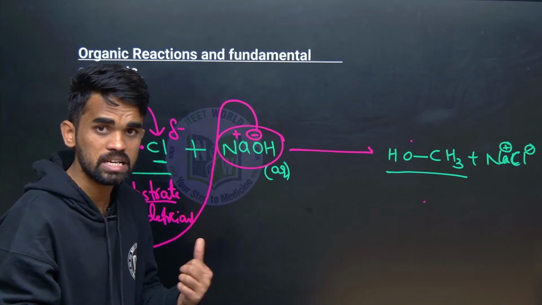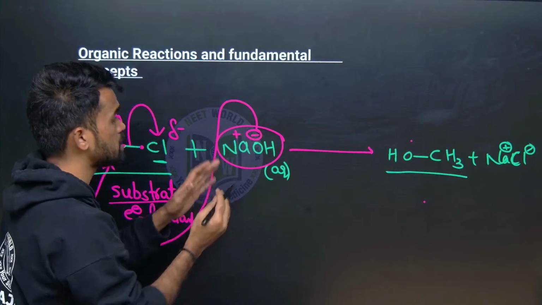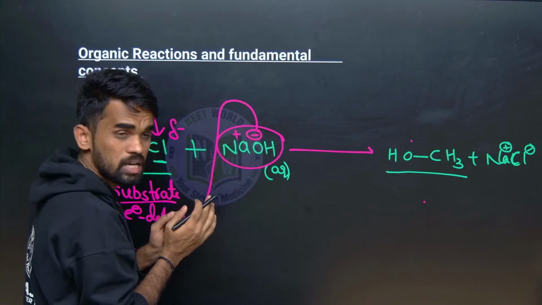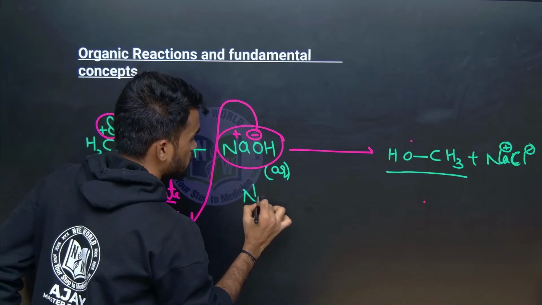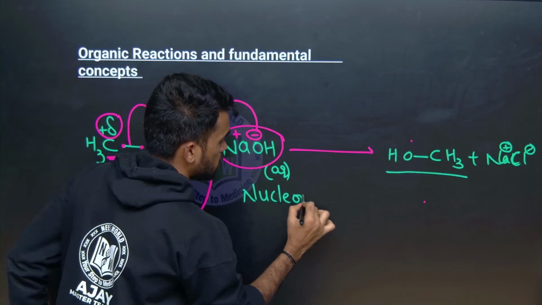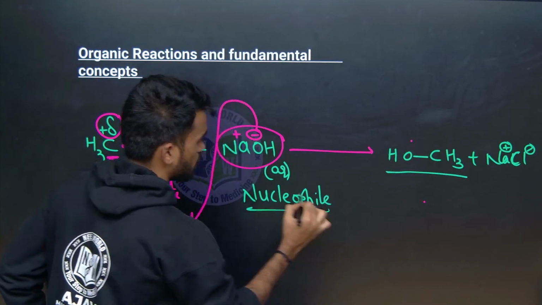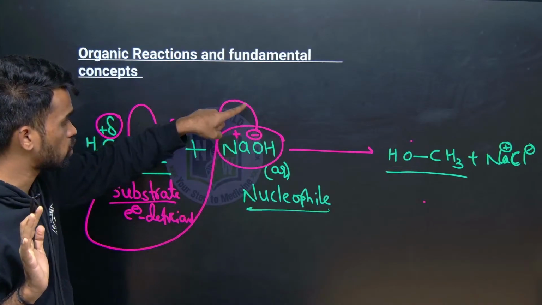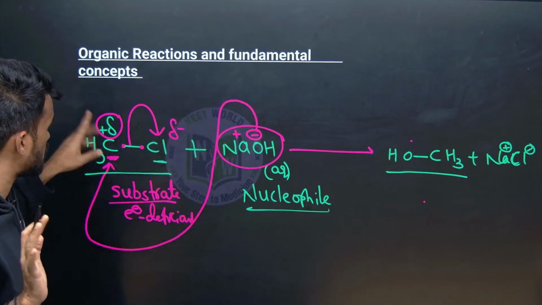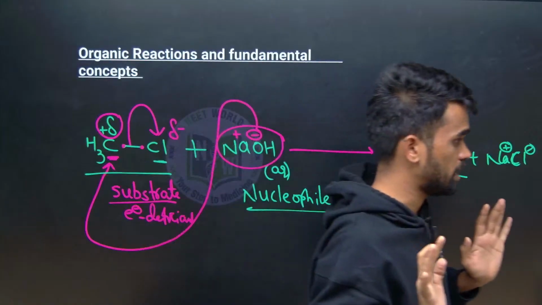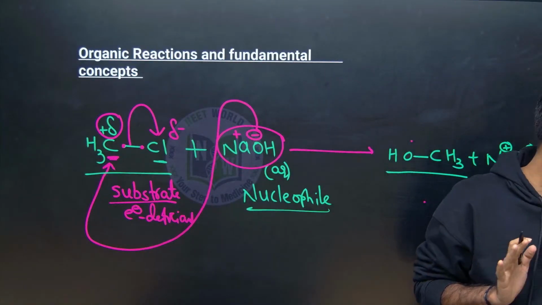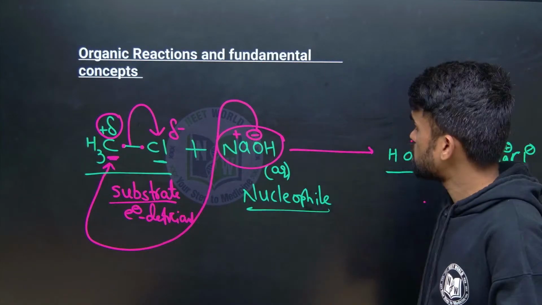Then only the reaction takes place properly. This is an electron rich species, having a negative charge, so I can call it a nucleophile. So this nucleophile, the attacking reagent, attacks the electron deficient site. Hope it is clear, right? Then next, let us move further.